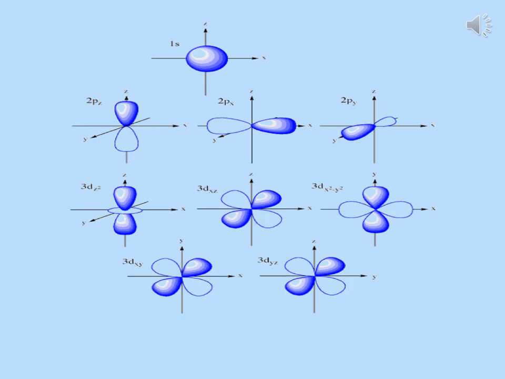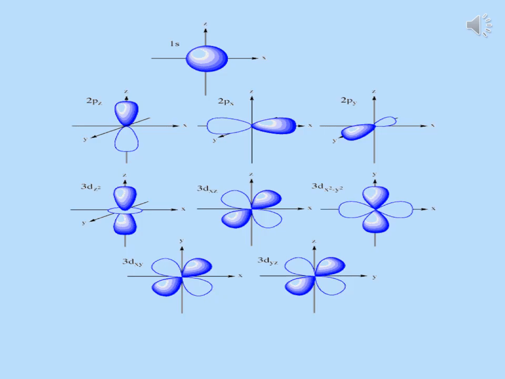Coming to the d orbitals, if you notice dz square and dx square minus y square orbitals, they have the dumbbell's lobes oriented along the axis, whereas dxz, dyz and dxy have lobes of the dumbbells in between the axis.